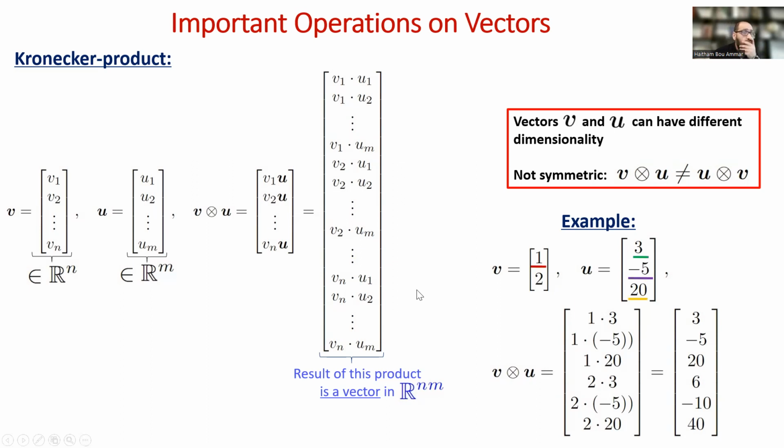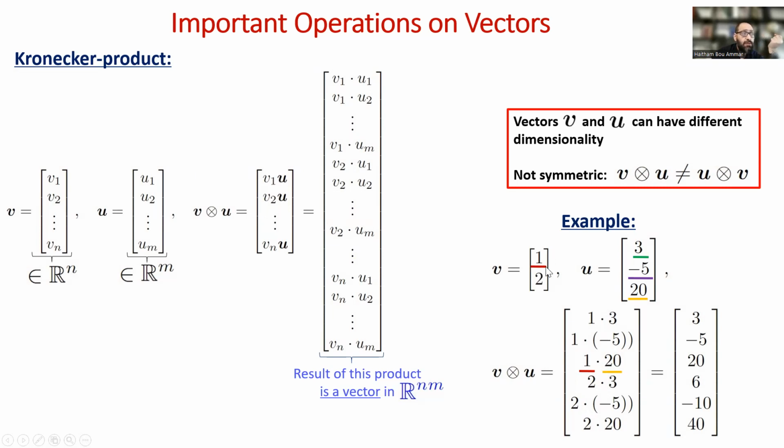So what we're actually doing is we're doing V1 U first, so we're taking the first component of V multiplied by the vector U. You will get 1 times 3, then 1 times minus 0.5, then 1 times 20. So that's the first one, V1 times U.